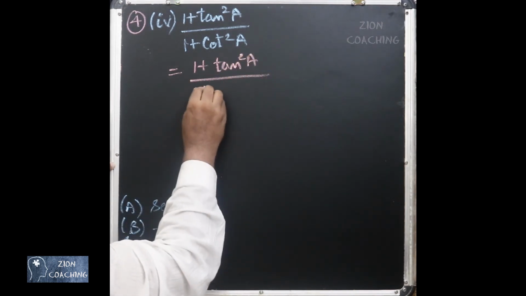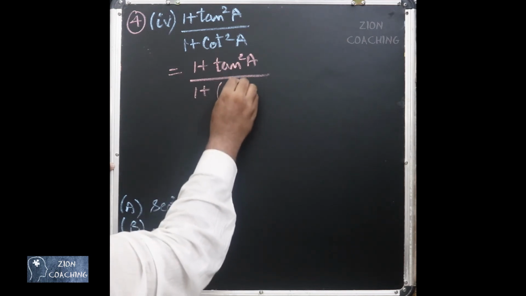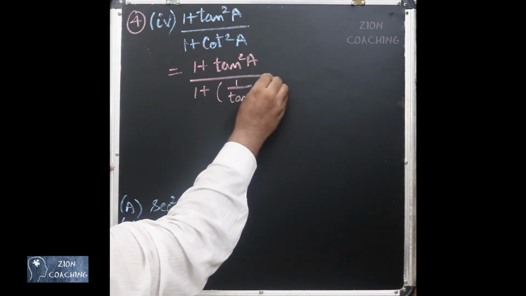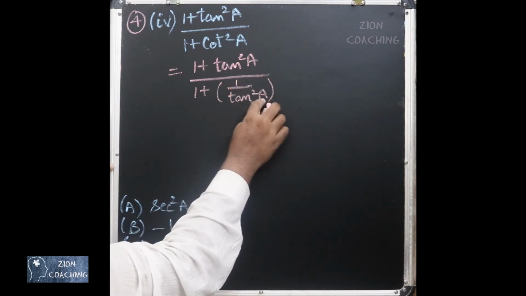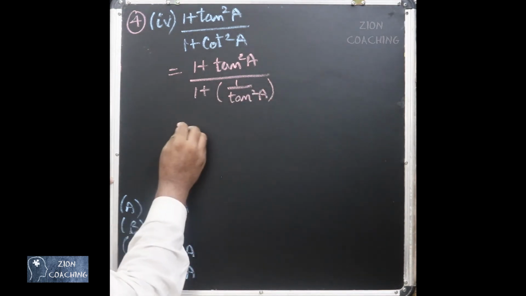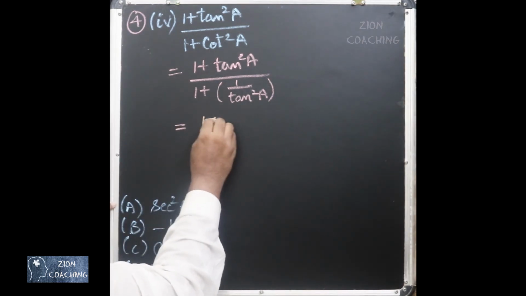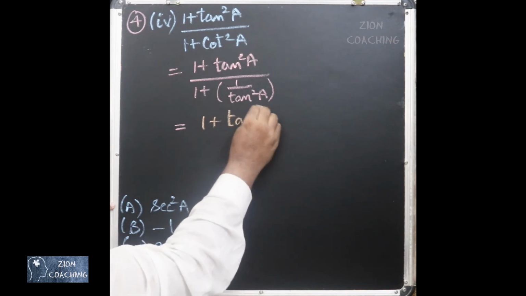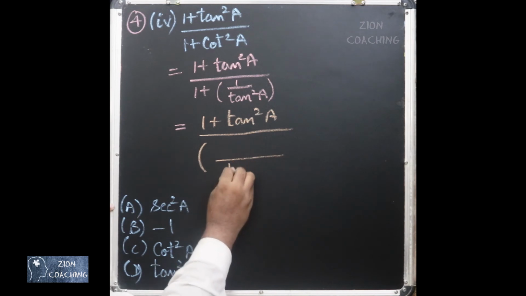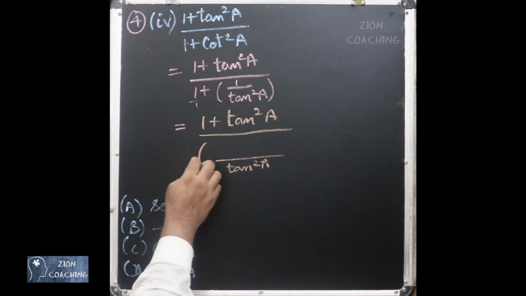Then you know that cot A is 1 by tan A. So that can be written as 1 squared by tan A the whole square, which is nothing but 1 by tan squared A. Now when you take LCM, you will have 1 plus tan squared A divided by your LCM, which is going to be tan squared A, because the denominator here is 1.